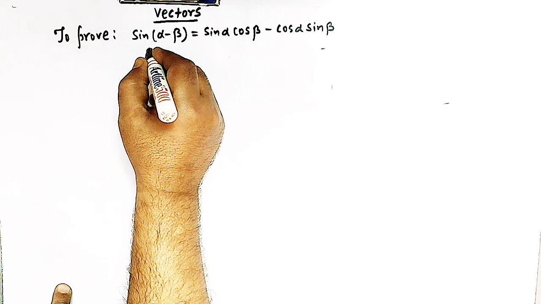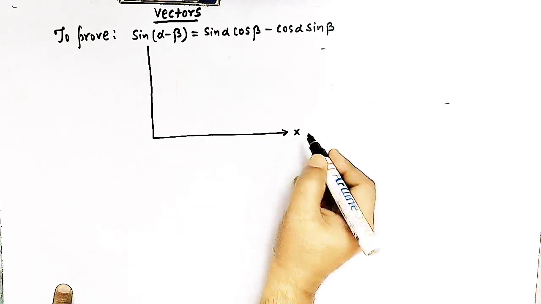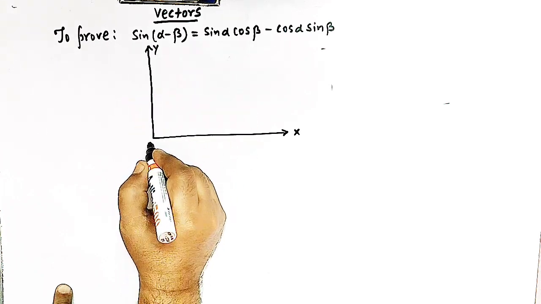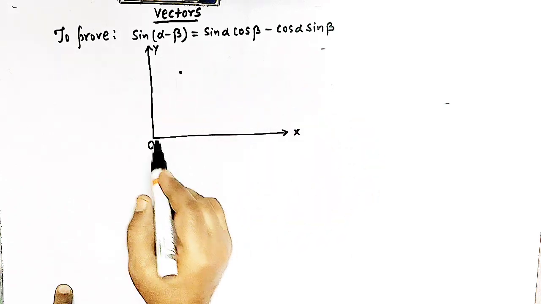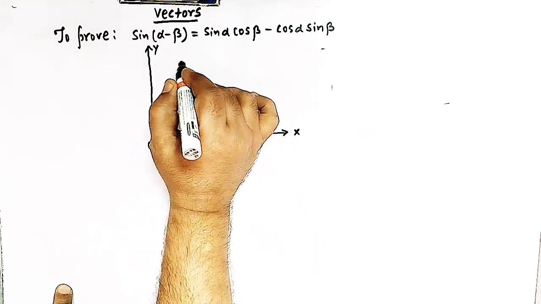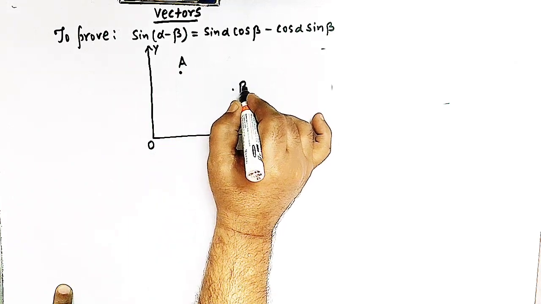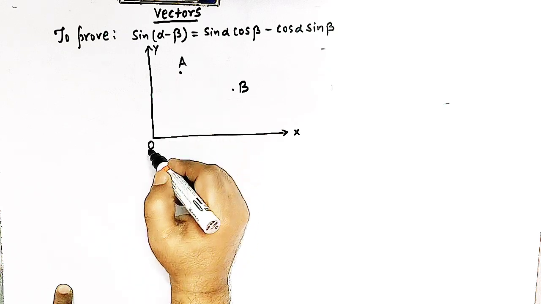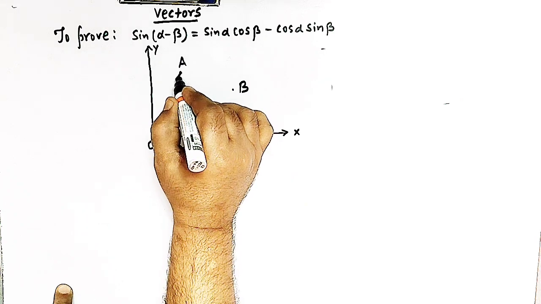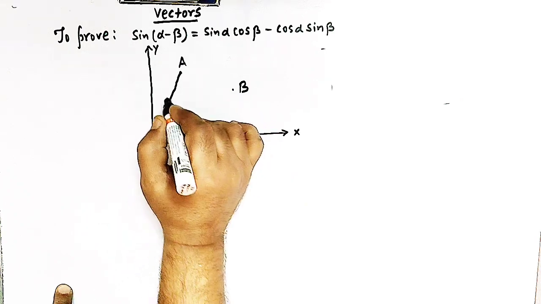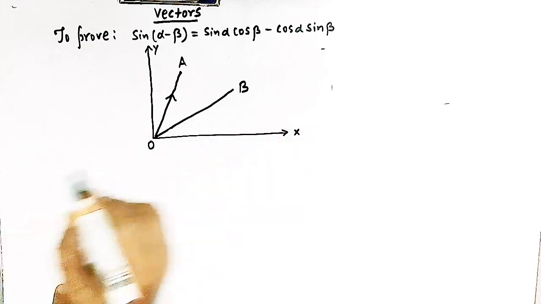So now here we'll consider y-axis and x-axis, right? So this is x-axis, this is y-axis, and here we have the origin. Now let us consider 2 points on this plane, that is the x-y plane, and here we have the point A, and here consider another point B, right? So let us form the vectors, vector OA and vector OB. So here we have the vector OA, and here we have the vector OB, right?